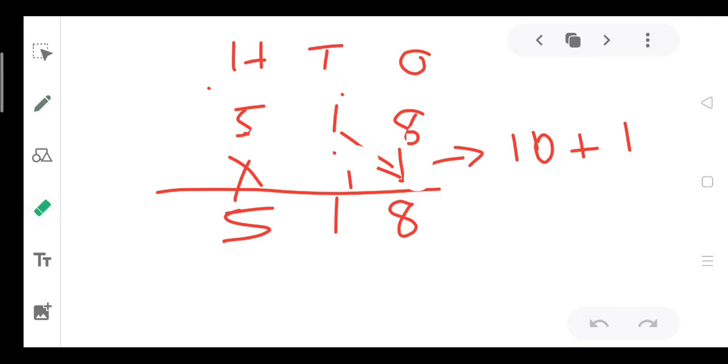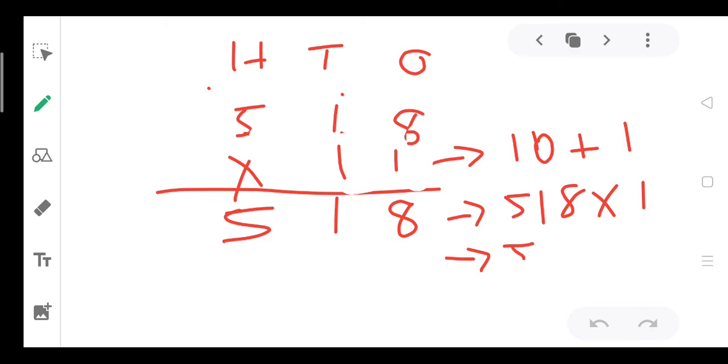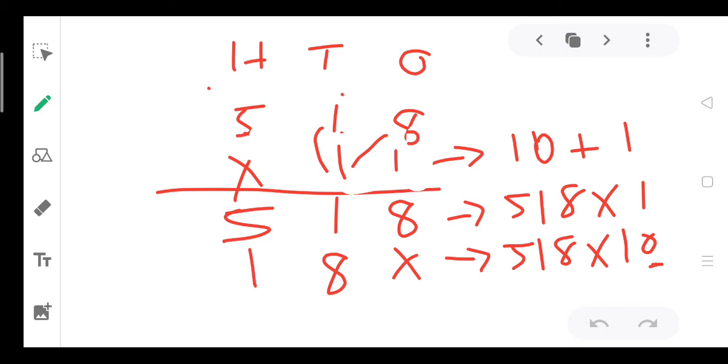Now we will do the multiplication of 10. 518 we have multiplied by 1, and now this 518 we will multiply by 10. At this 0 place we will put the sign of cross at the ones place, and now we will start multiplying 1 by 8. 1 8 is 8, then tens place digit 1 1 is 1, then we will multiply with hundreds place digit 1 5 is 5.